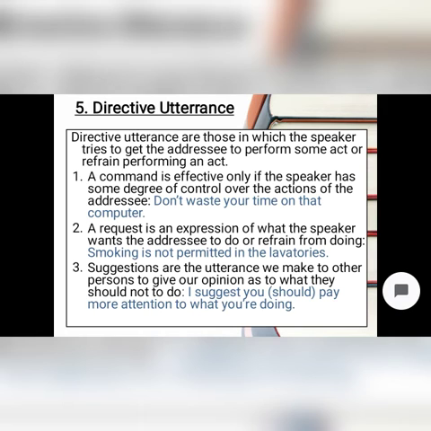Next, commissive utterance. Commissives are the utterances in which the speaker binds himself to perform some act at a later time. In other words, they are prospective and concerned with the speaker's commitment to future action, like agree, ask, offer, refuse, swear, promise, pledge, threaten, and vow.